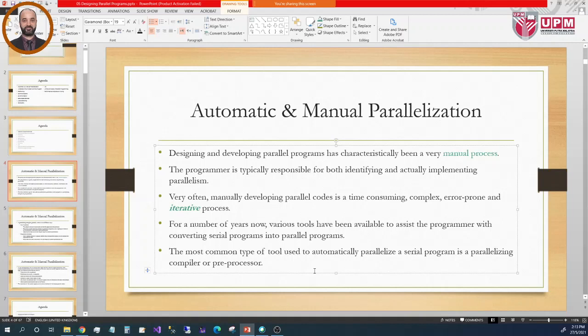The tool will find the places where parallelism could be applied, especially loops or other parts that are very independent from the others, and then run them in parallel.